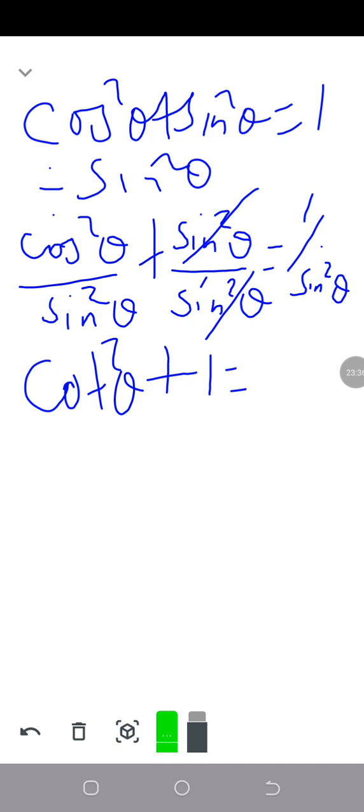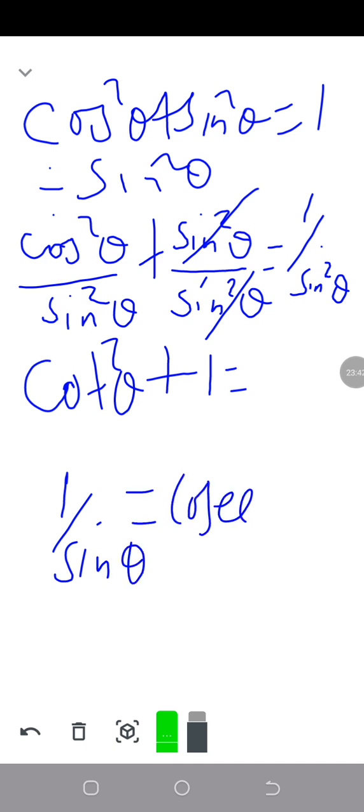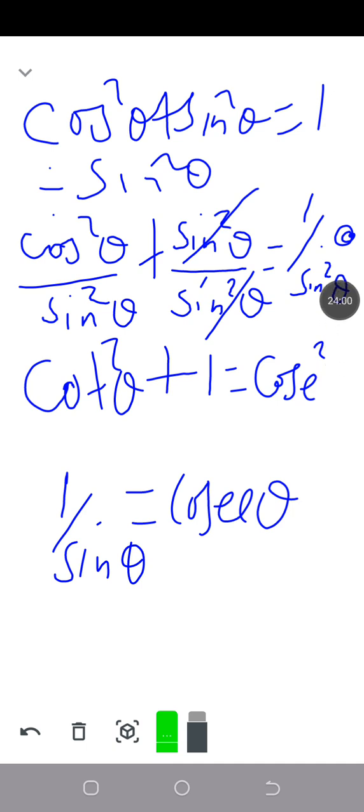Now, equals to, we say that 1 over sine theta is the same as cosec theta. But now, our sine here is squared. So that means that we shall have cosec squared theta.